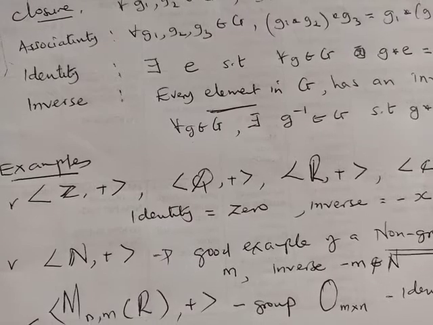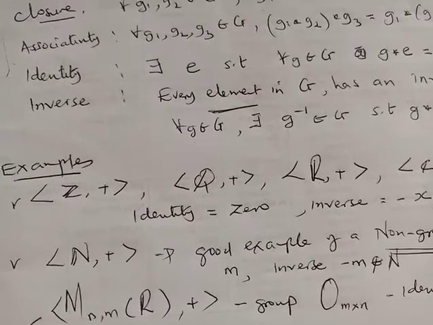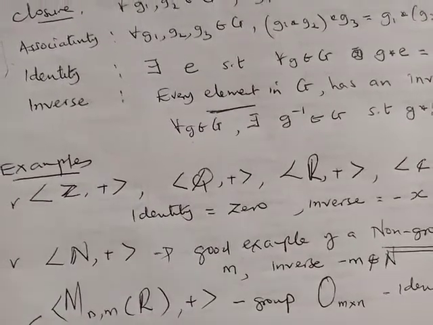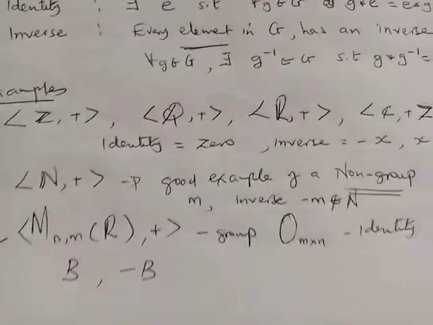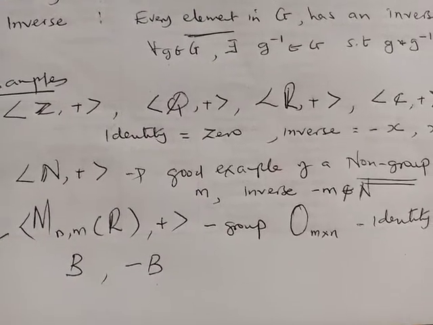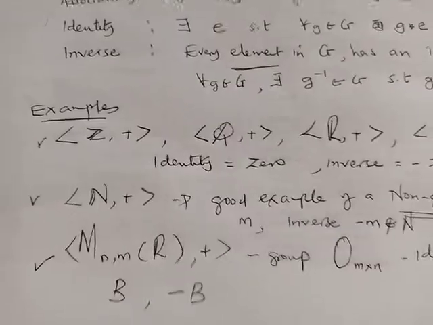And again, we know the inverse: for a given matrix B, the negative matrix, negative B, is the inverse of that. That's a fact. So we note that. Then we can have more examples.